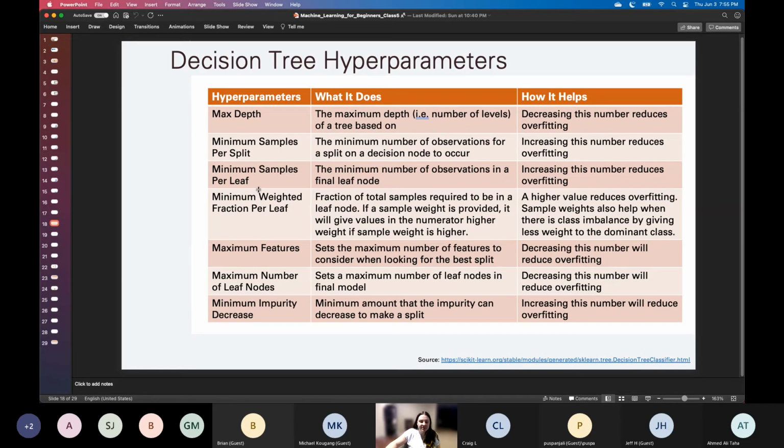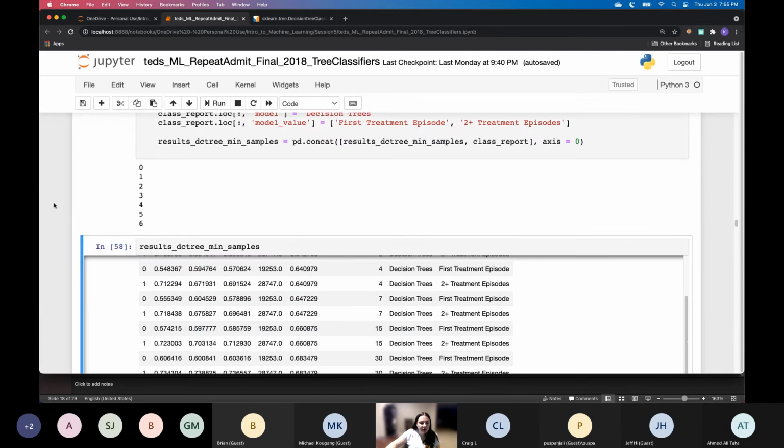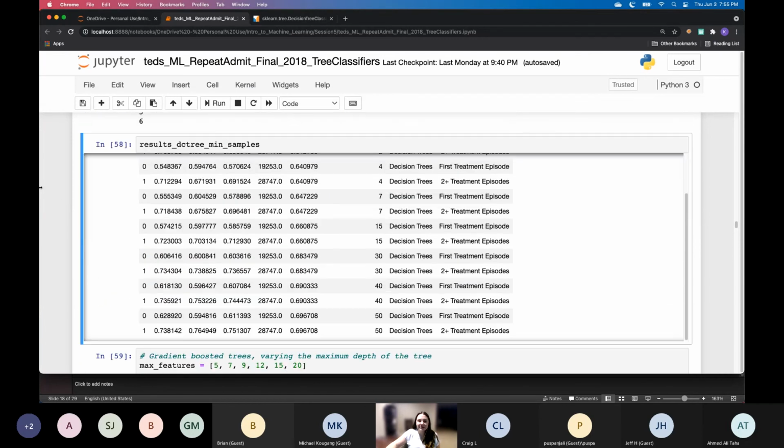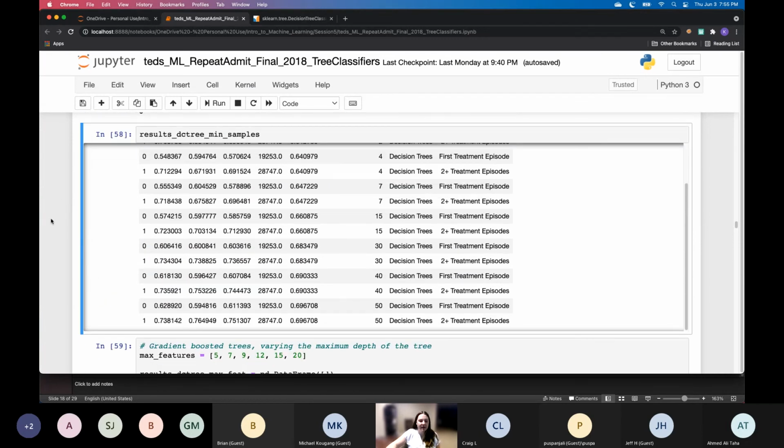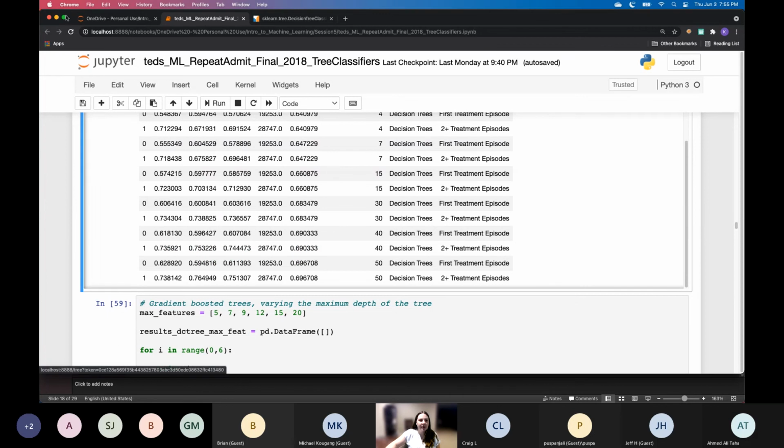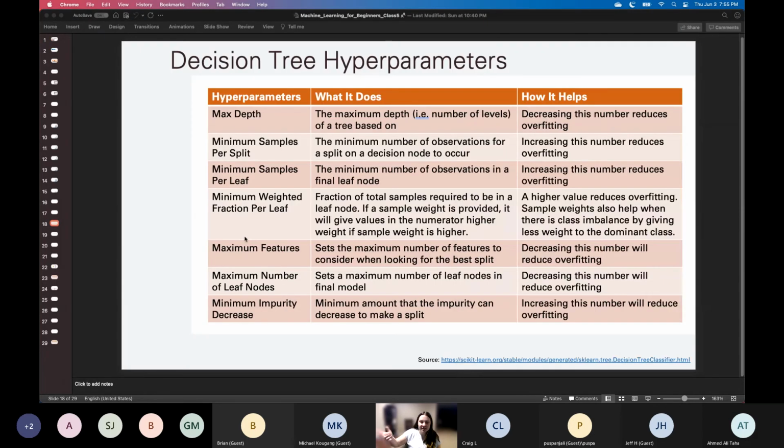So that's what the minimum samples per leaf is. And leaf and terminal node are the same thing. So I'm not 100% sure if I used minimum samples. So this one I did not do an example of. I did for most of them, but I figured that they were similar enough that it would be pretty intuitive.